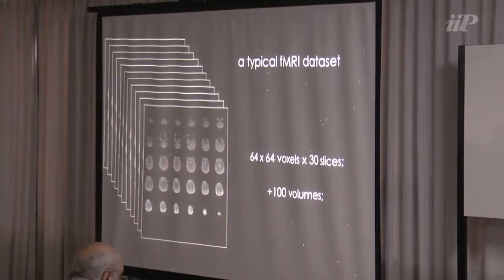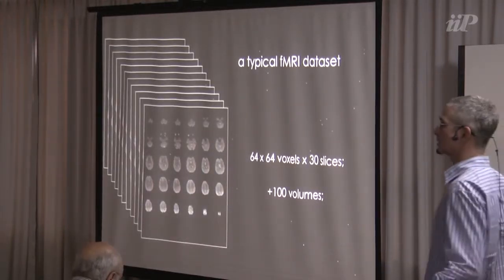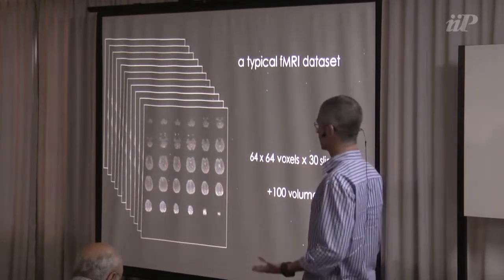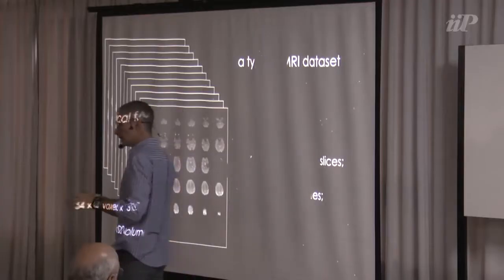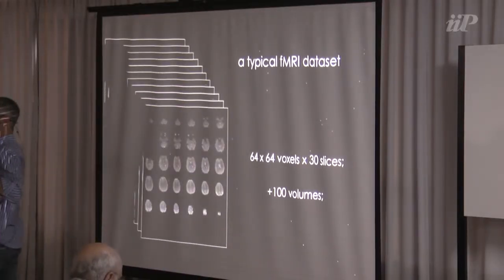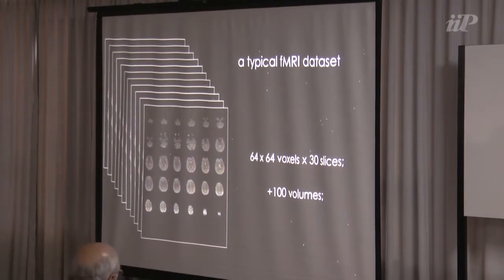What is the type of data that we have? The data set is huge because in order to have an fMRI exam, you are detecting long periods of rest with long or short periods of task or whatever, but you're detecting that for 5 to 7 minutes.